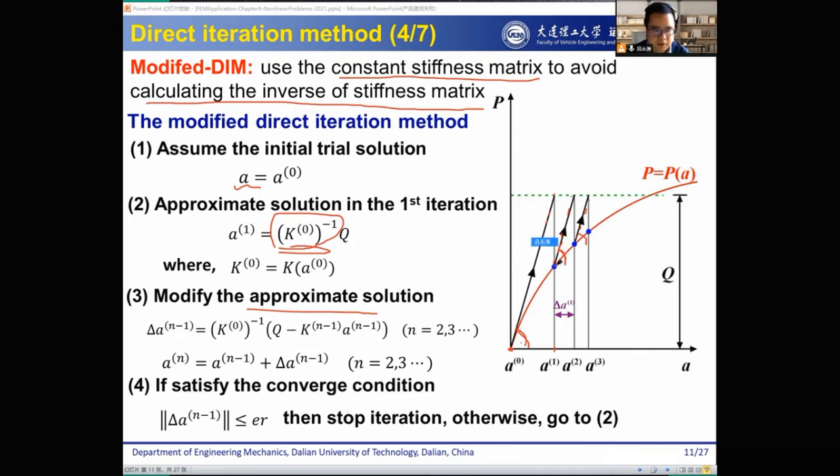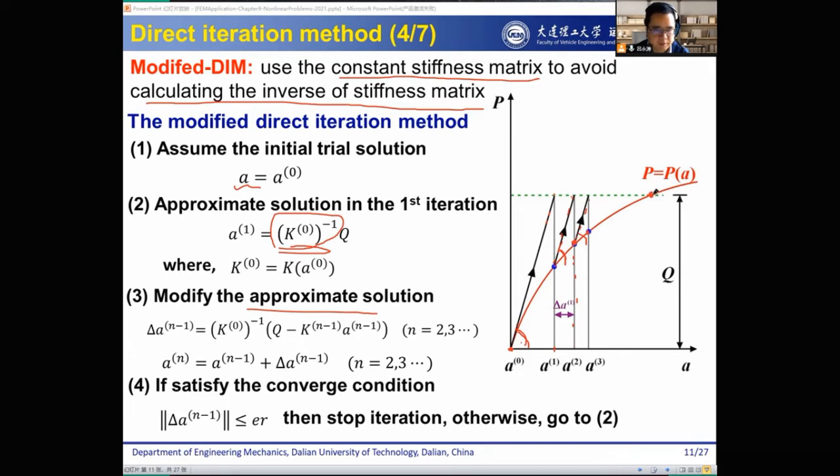So this is A1. Then we use the same slope, and we get A2. From A2 we use the same slope, and then we get A3. You can see if we keep iterating, it will converge to the true value here.